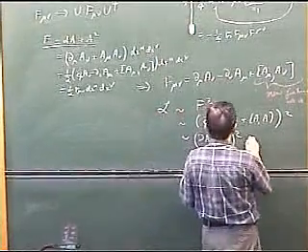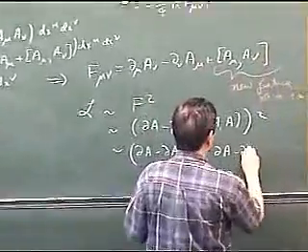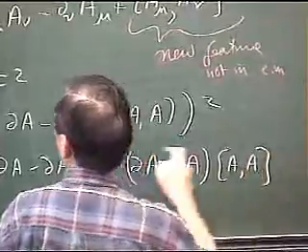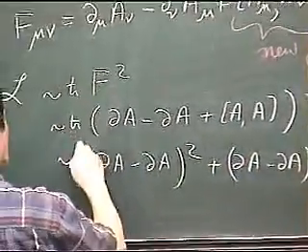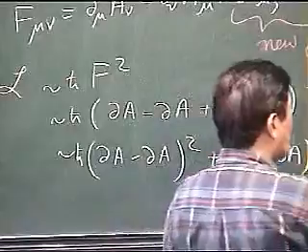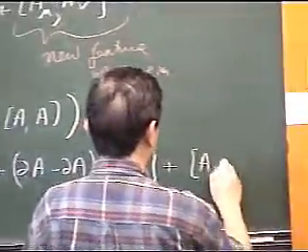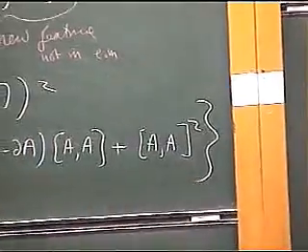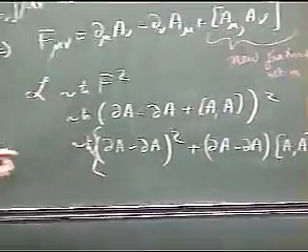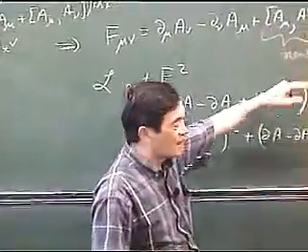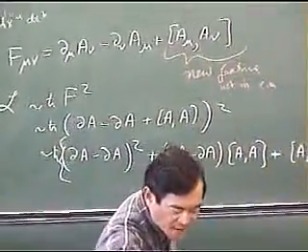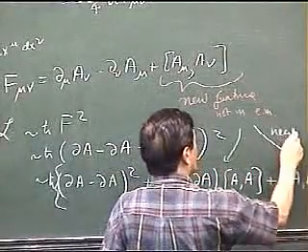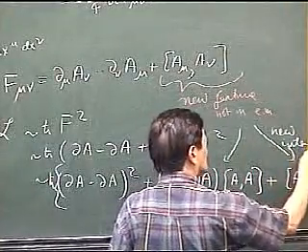And then we have another type of term, which is dA minus dA times AA. And of course, there's a trace over everything here, plus AA squared. Okay, so because of this new feature that is not in electromagnetism, this leads us to new interactions.